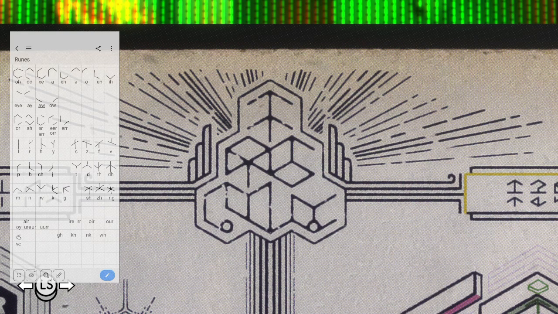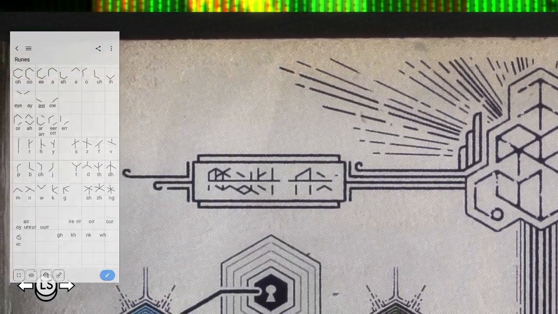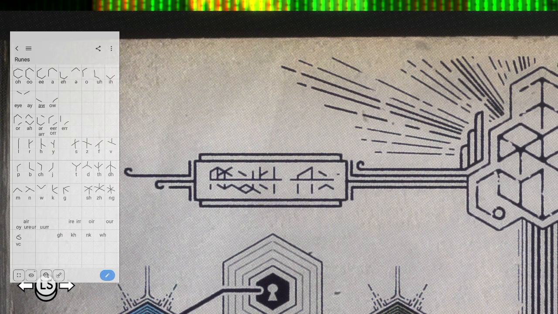Okay, that's a bit better. So far I'm not actually finding any new vowels or consonants. I rather expected to come across some during that page.